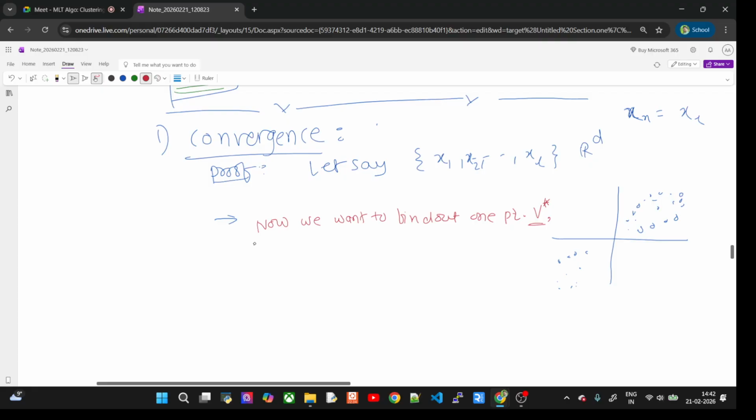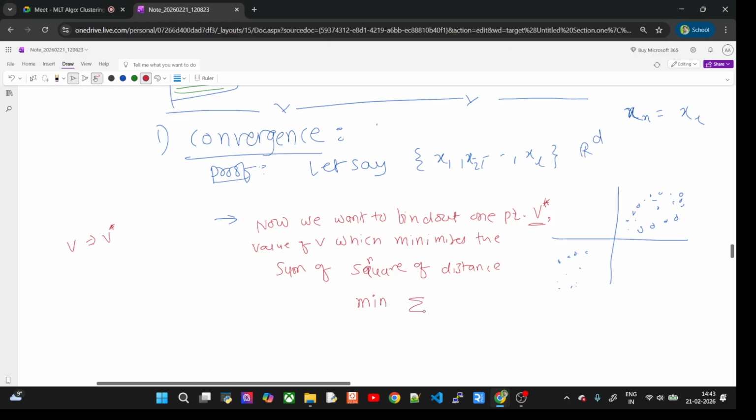The value of v which minimizes the sum of squares of the distance, the same as what we have seen.